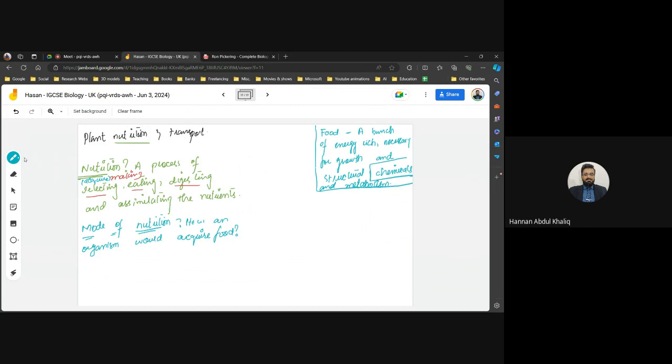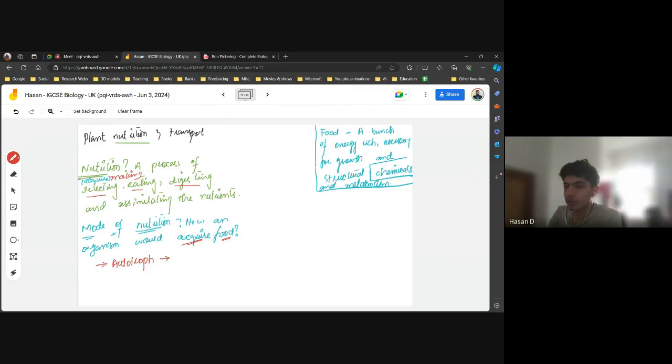So now try to figure out how different organisms would acquire food. First of all, mode of nutrition or mode of acquiring food comes with two terminologies. One terminology is autotroph. What is the meaning of autotroph? We have learned this in the classification chapter.